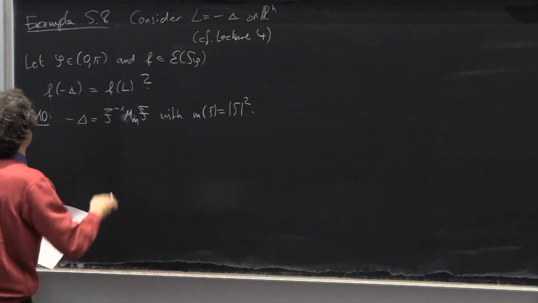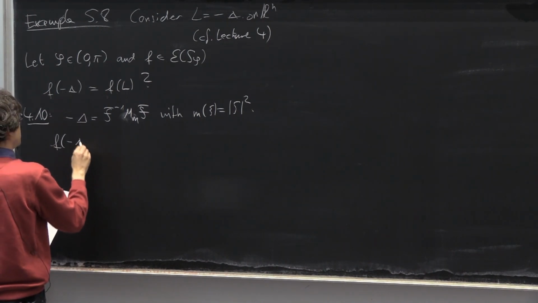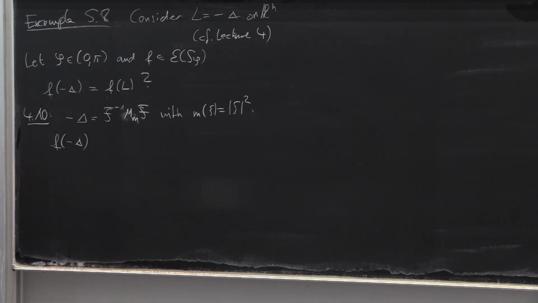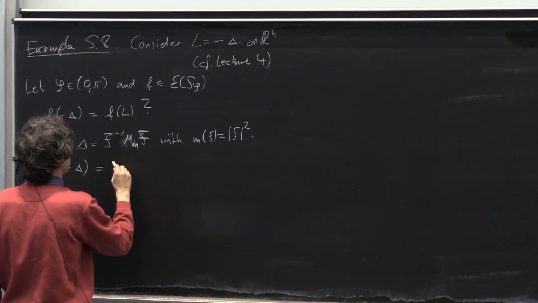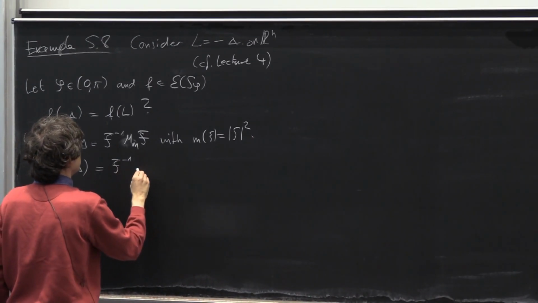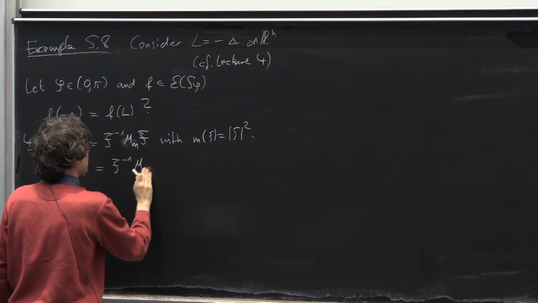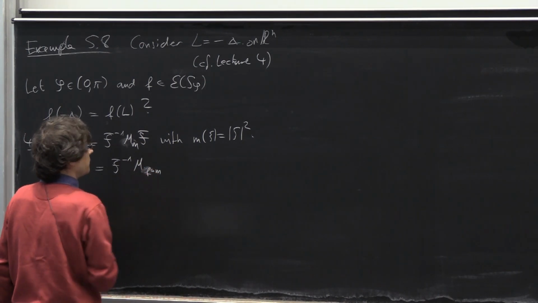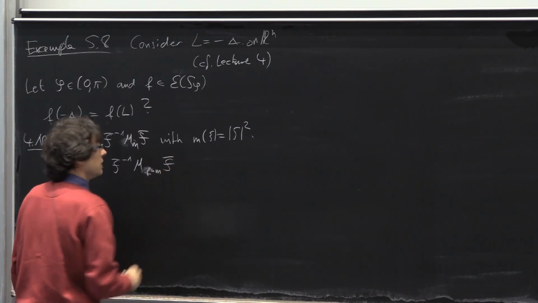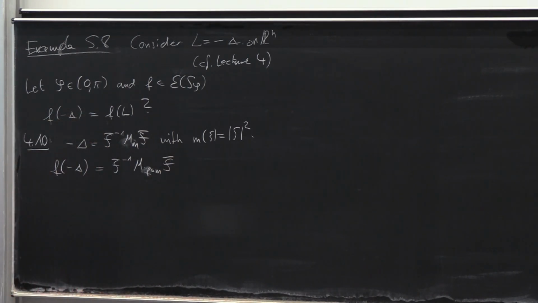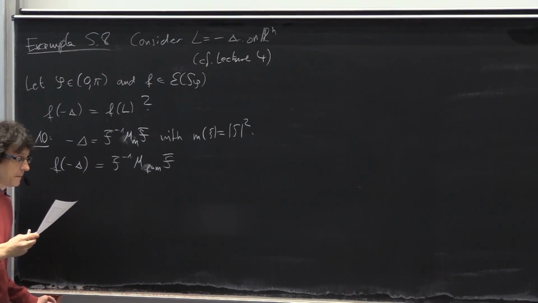And then the idea was to say, okay, if we have this, we know how to do functions of multiplication operators. So you take f of the negative Laplace operator as Fourier to the minus 1, and the multiplication operator with the multiplier f applied to m. And then we saw that this works out fine.